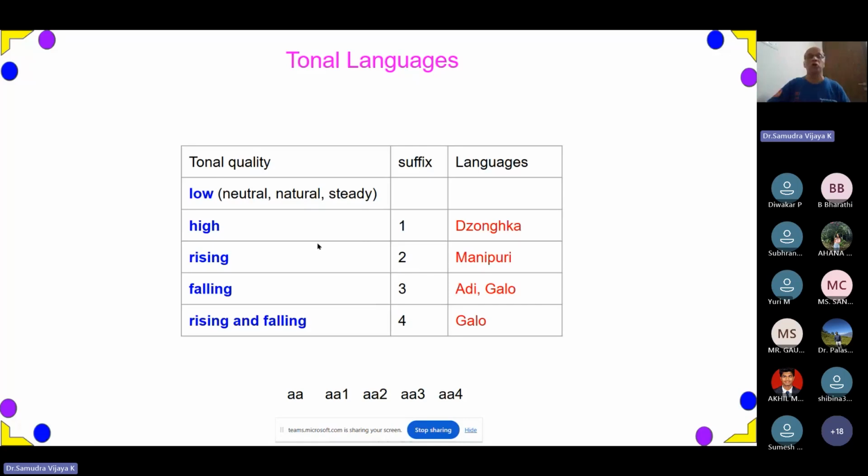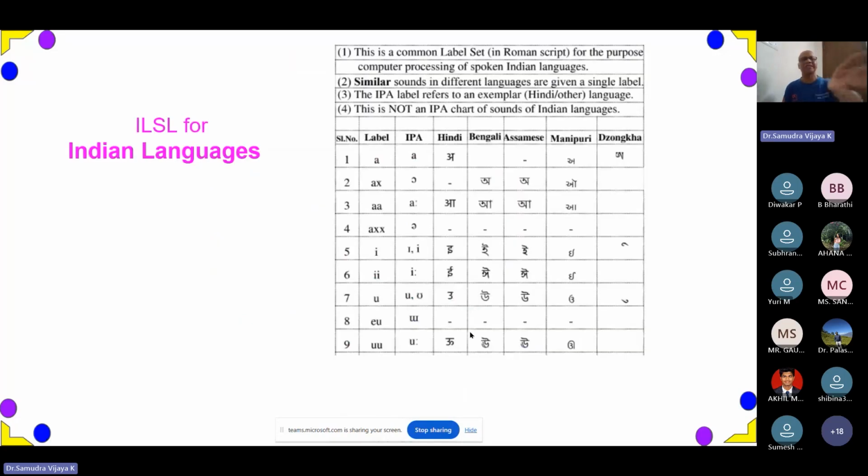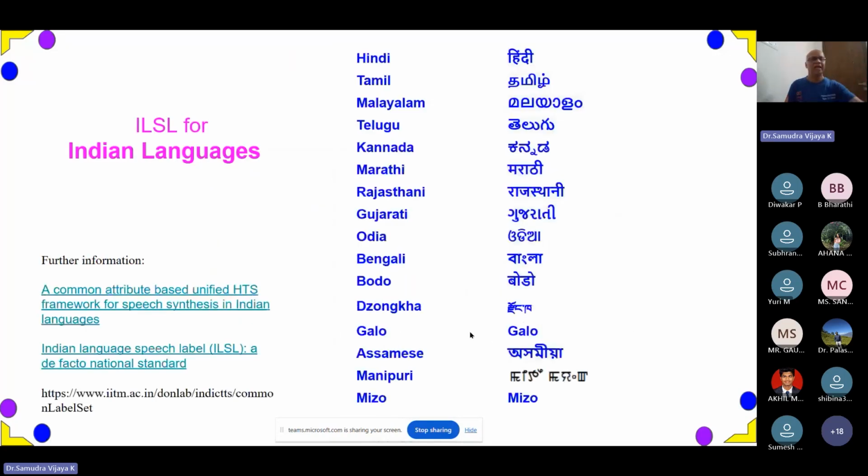Those are called tones, and the same sequence of sounds makes different meanings. So we need to give information about the tone also. So we also have tone labels, and these are shown here, with information for various Indian languages.